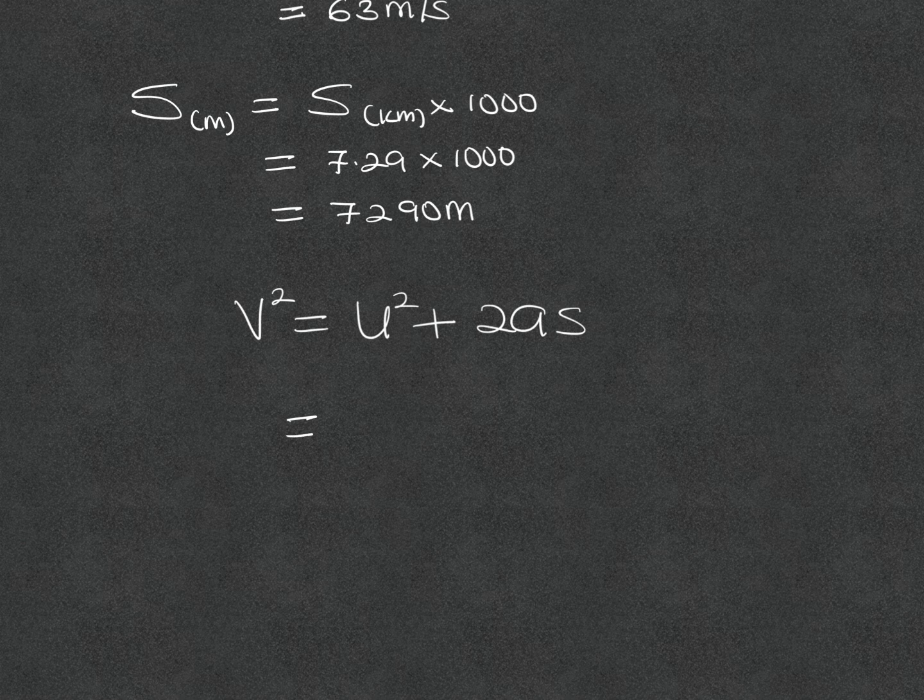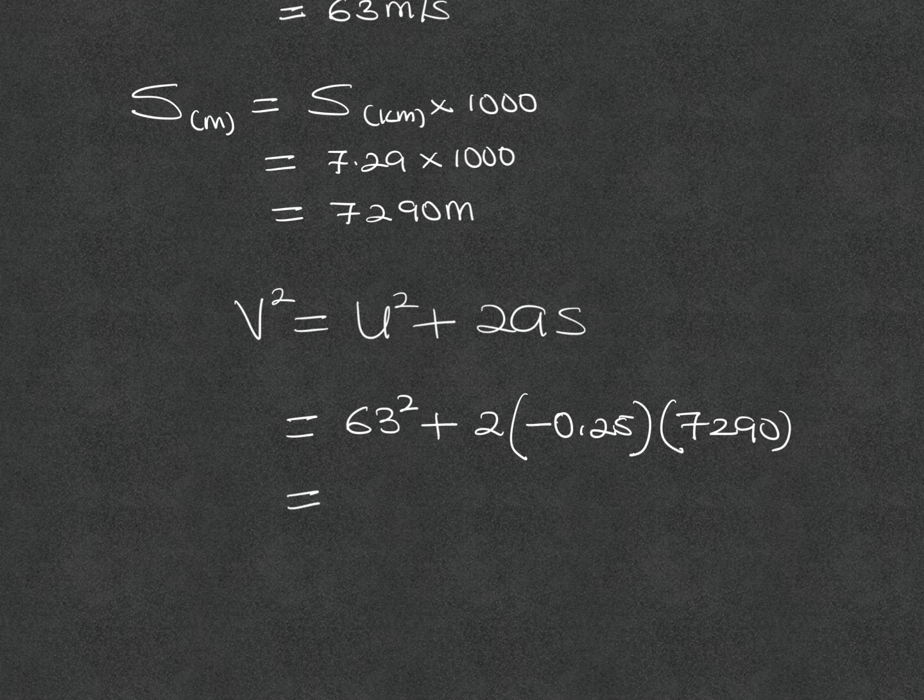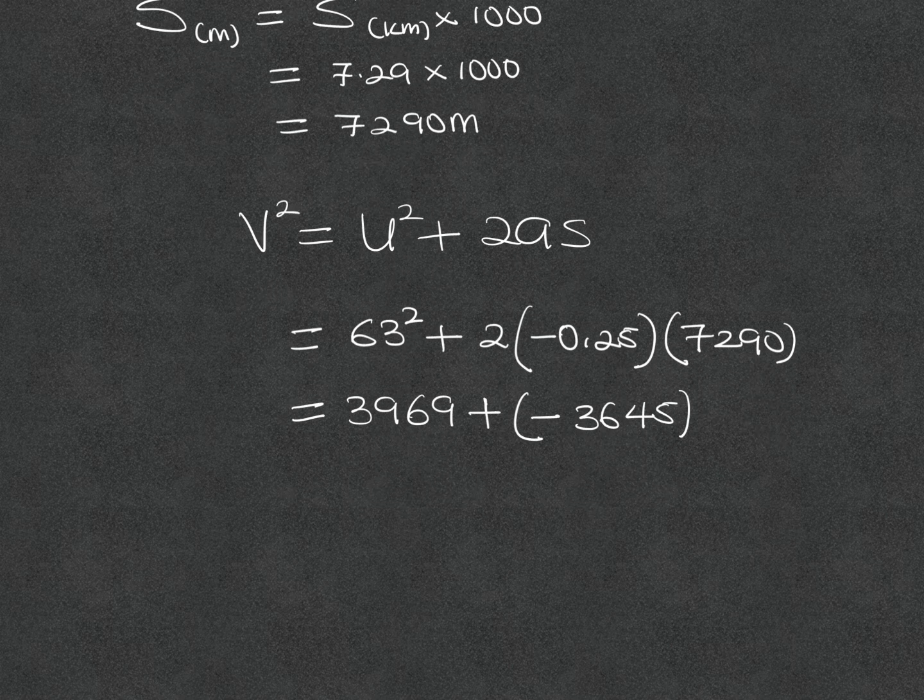So the initial velocity is 63, so that will be 63 squared plus 2 times the acceleration, negative 0.25, it is actually a deceleration, multiplied by the distance, 7,290. So 63 squared is 3,969 plus 2 times negative 0.25 times 7,290 is negative 3,645.